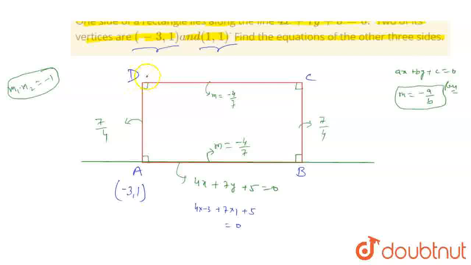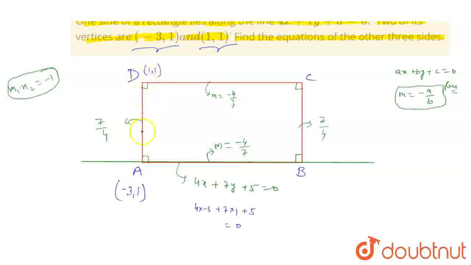If the point 1 comma 1 is D, let's suppose D is 1 comma 1, then the slope of this line will be y2 minus y1, which is 1 minus 1, that is 0.